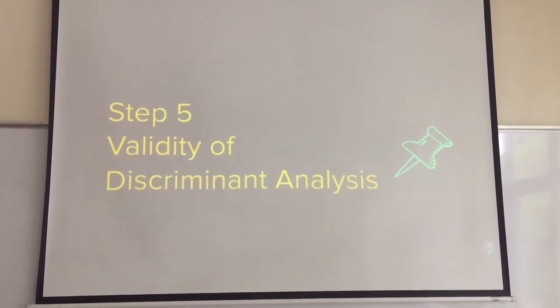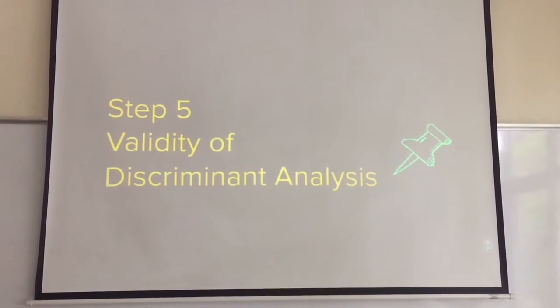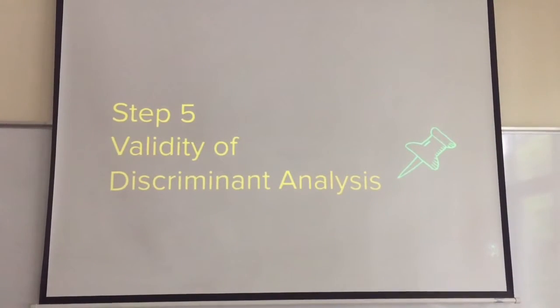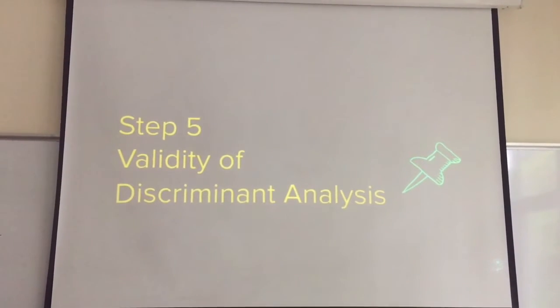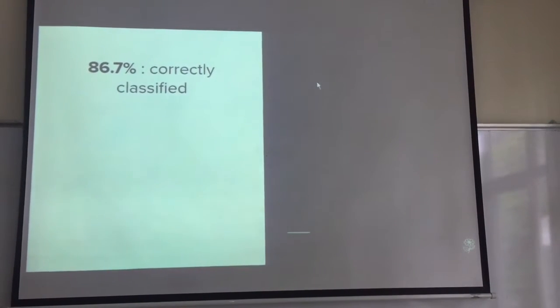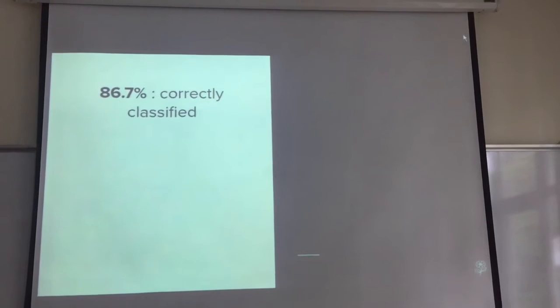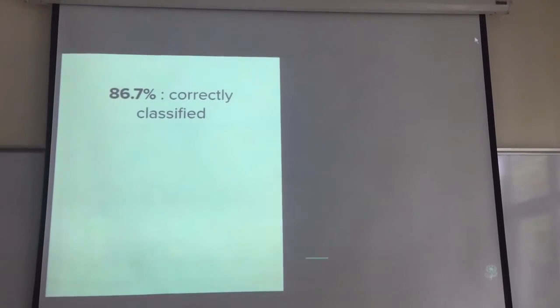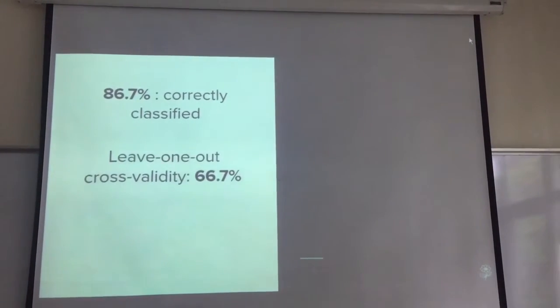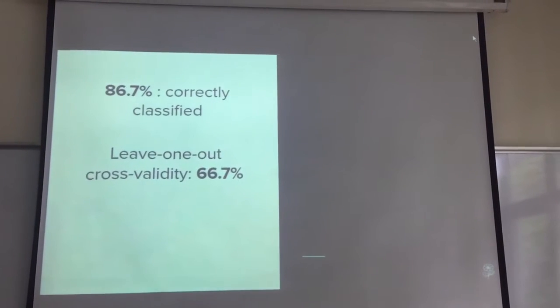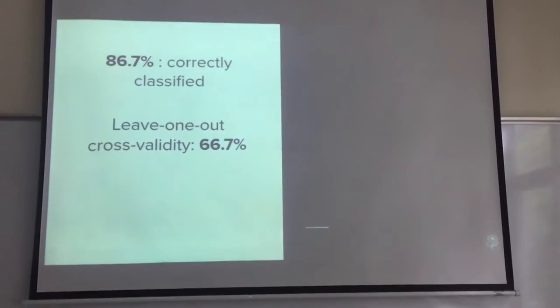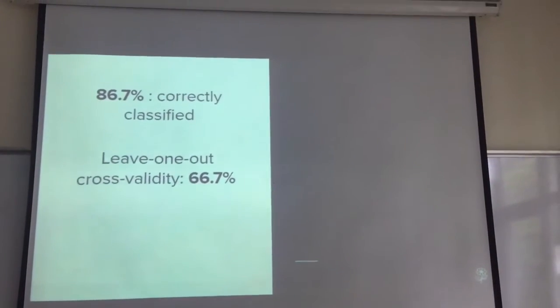And now, let's jump into the last step, which is validity of discriminant analysis. So the classification results based on the analysis sample indicate that 86.7% are correctly classified, and leave-one-out cross-validation correctly classifies only 66.7% of the cases.